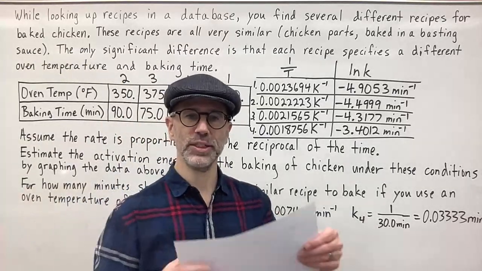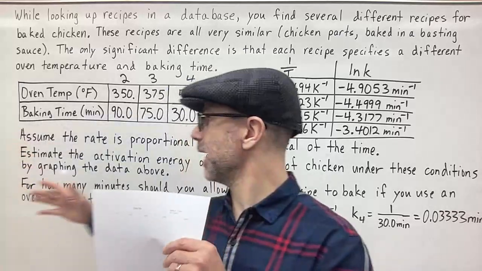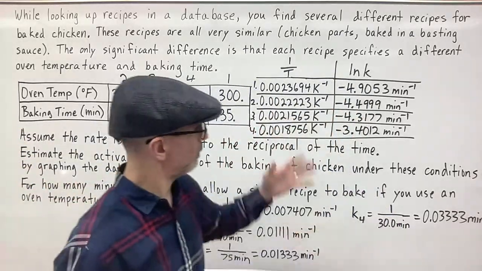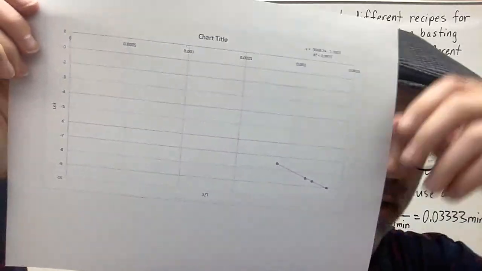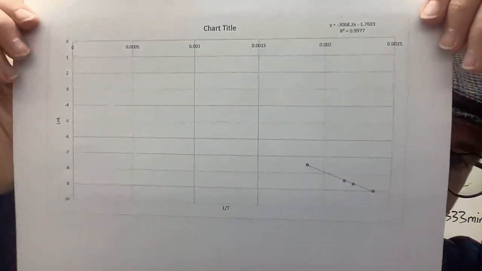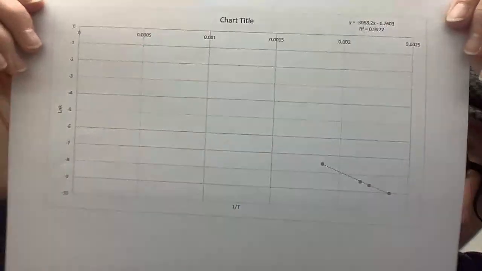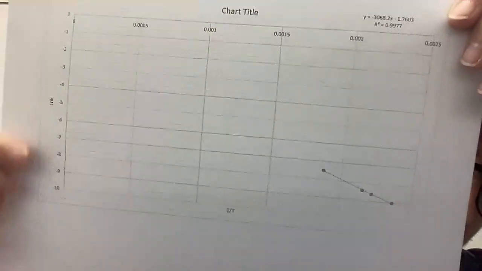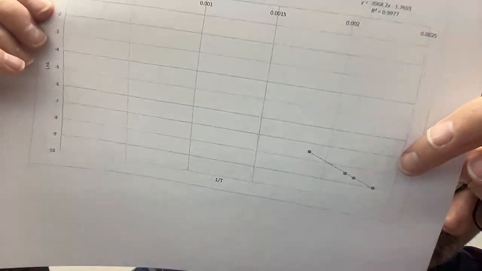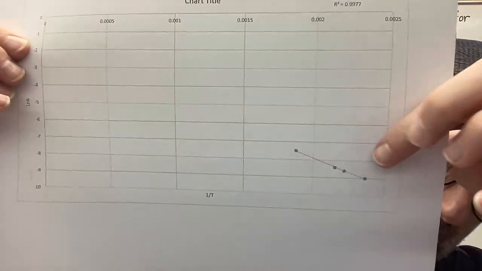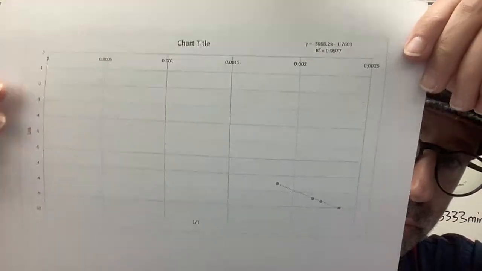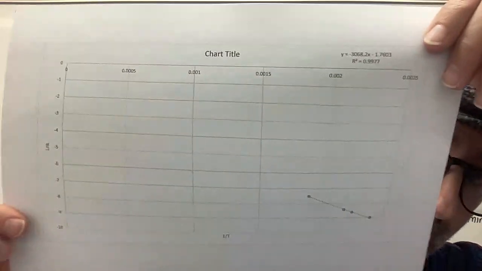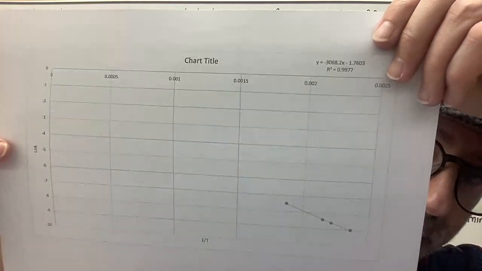I went to Excel and I plotted this data, and this is what I got. It might be a little hard to read, but you can see that's my graph down here. This is the data that's plotted. If you do it right, you'll get an equation.